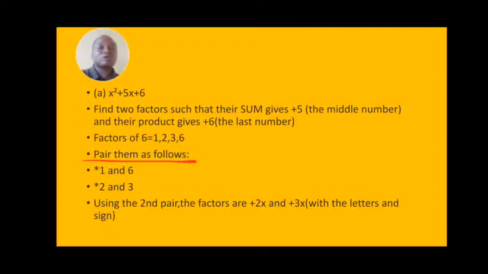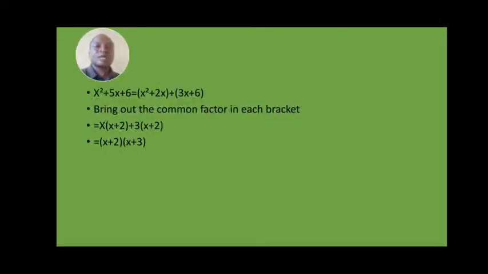So using the second pair, the factors become plus 2x and plus 3x. You must include the letters. And you arrange them as follows.